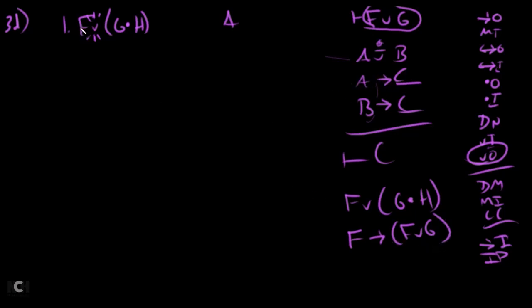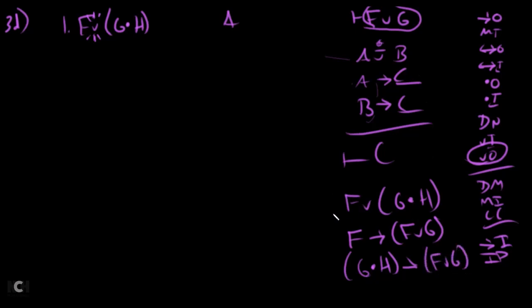It's the left side of your OR, arrow, the thing that you want to get. Okay, now what I want to figure out is what would this correspond to? So what's the right side of our OR? G.H. arrow, what's our goal? F wedge G.